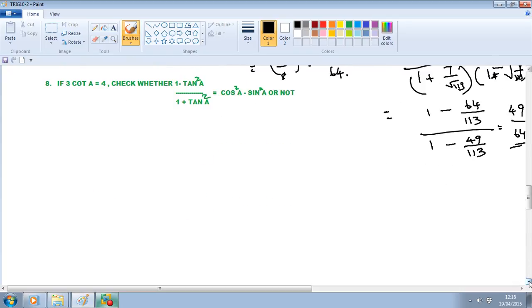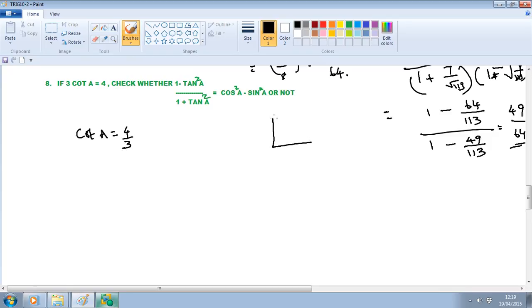So we'll go to the next problem. If 3 cot A is equal to 4, check whether 1 minus tan square A by 1 plus tan square A is equal to cos square A minus sin square A. They are asking to just check when cot A is equal to 4 by 3.